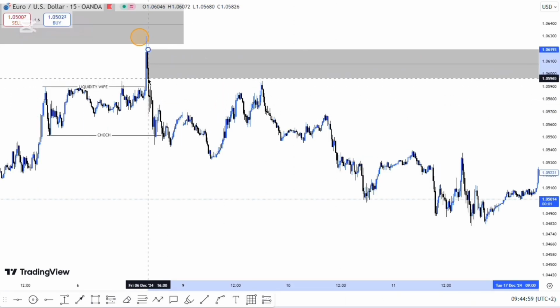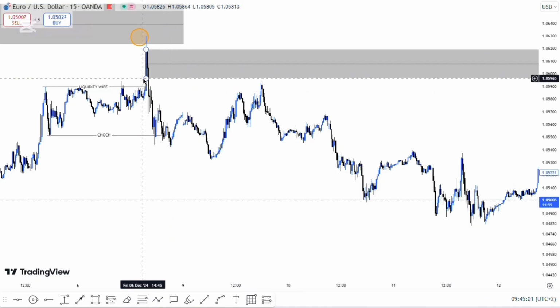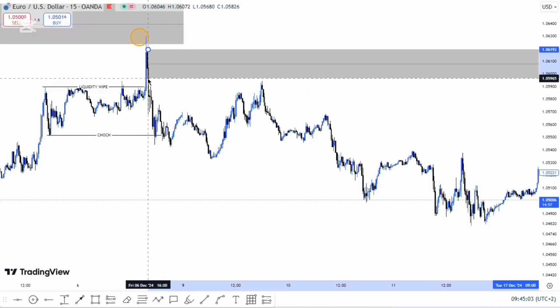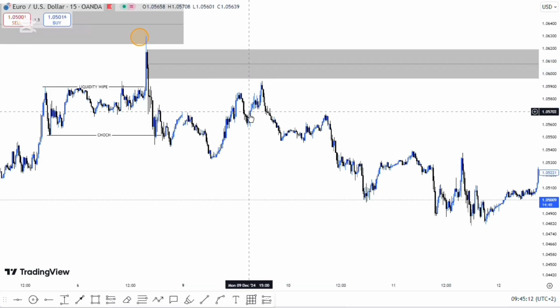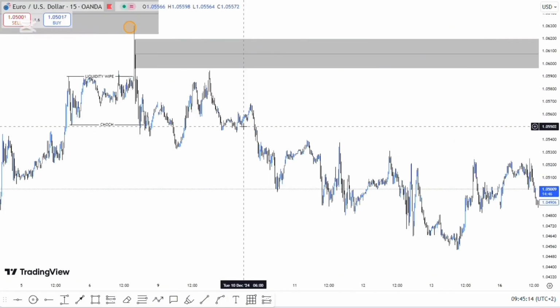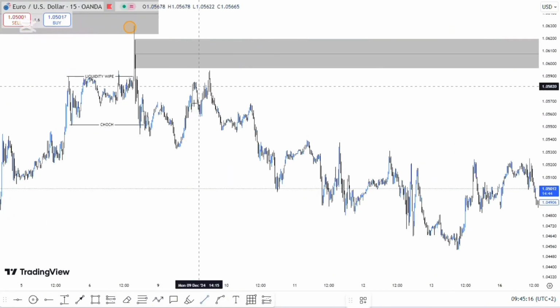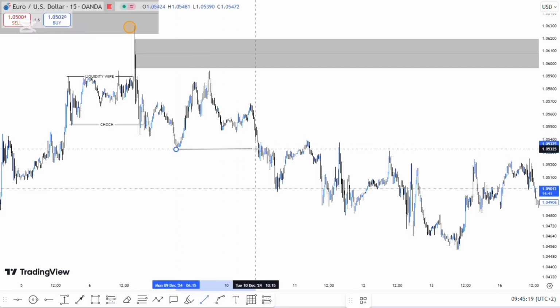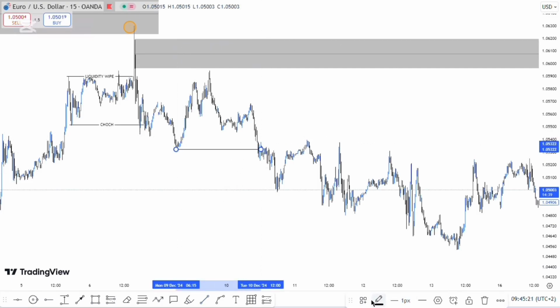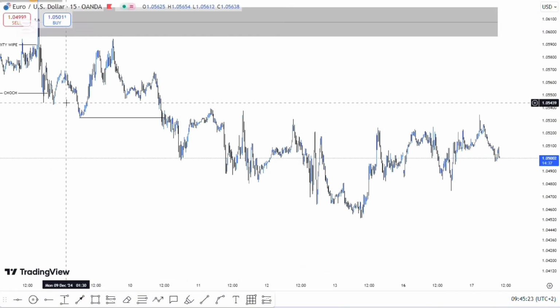As you can see right here, we have an imbalance present. It's not really big, but an imbalance is still an imbalance. So this is my origin, and from there, price kept on giving us breaks of structure to the downside.